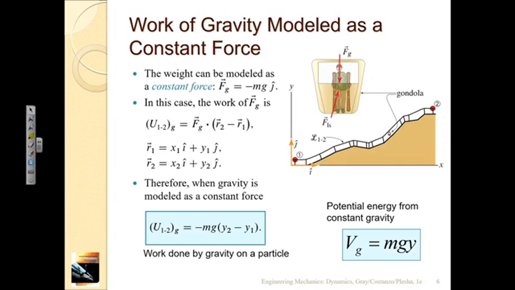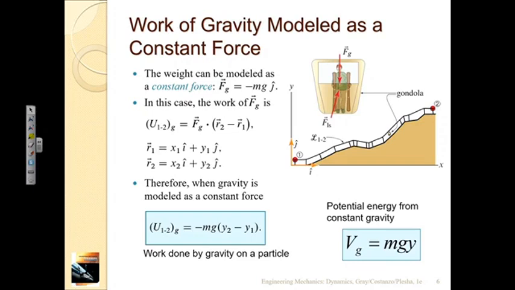And in this case, these V's, mg times the y position. That's pretty easy to write. When you compare that to starting with the free body diagram, F equals mg in the minus j direction, thinking about your displacements, integrating it, coming up with an idea of what it's going to look like.